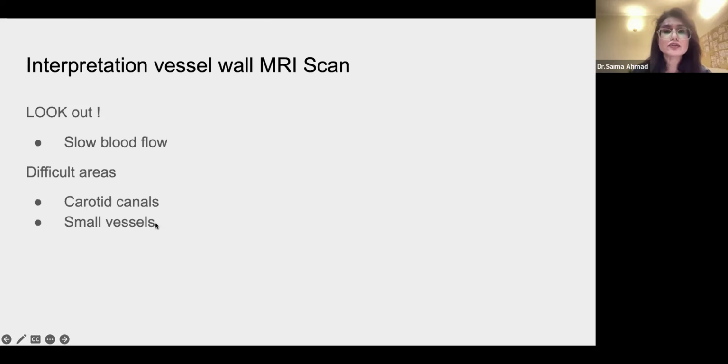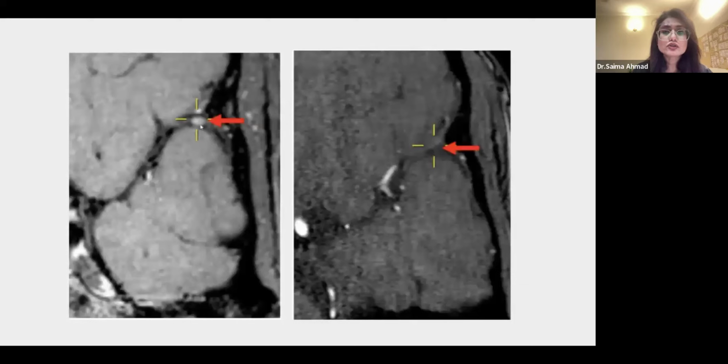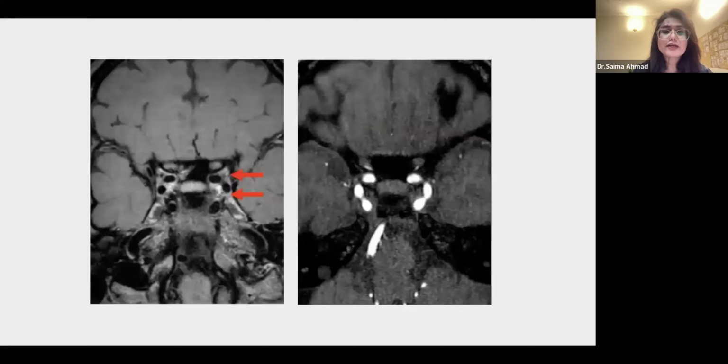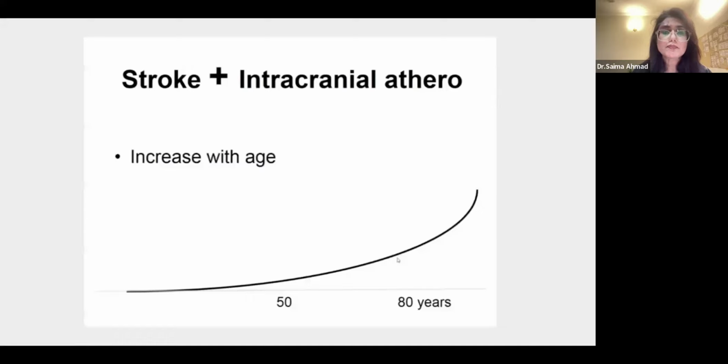In the small vessels, the flow is slow, so interpretation of vessel wall imaging is difficult there. This is also one of the examples in which a distal vessel shows some enhancement, but when it is compared at the top, you can see that there is no real enhancement. Similarly, this is the cavernous sinus, showing a false interpretation, and when you compare it with the top, you can see the signal is due to venous flow.